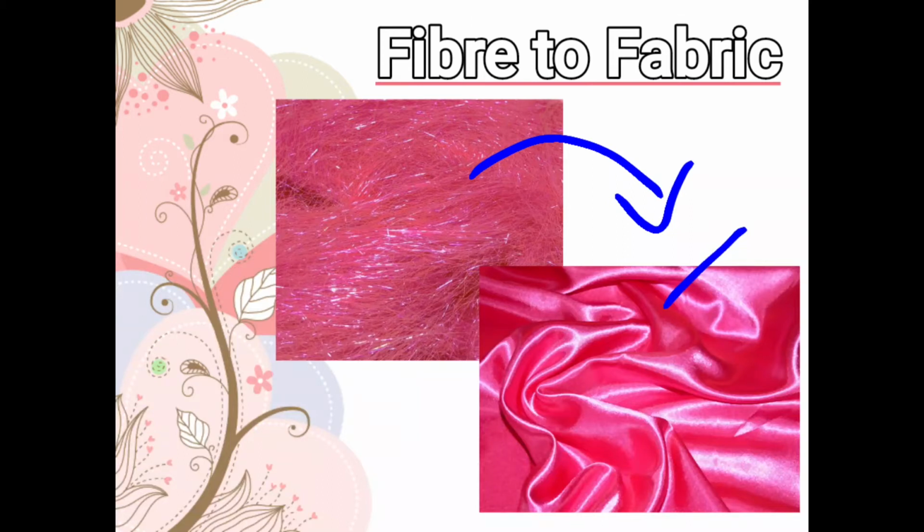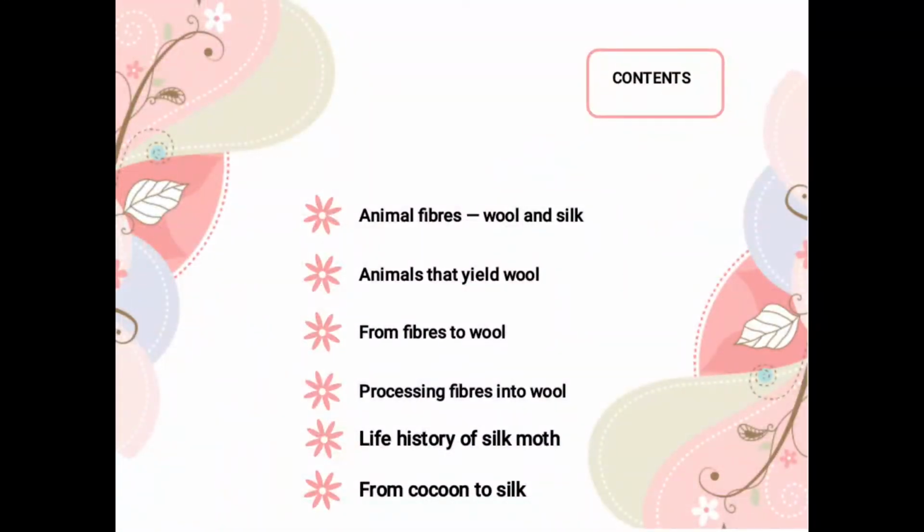So let's start. The first thing: what are the contents that we have to study in this chapter. We have to study the two fibers that we obtain naturally from the animals, that is the wool fiber and the silk fiber. The next one is the animals that yield wool, that is, what are the animals that give wool.